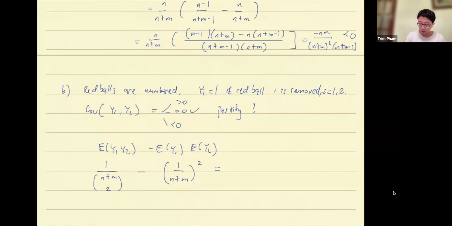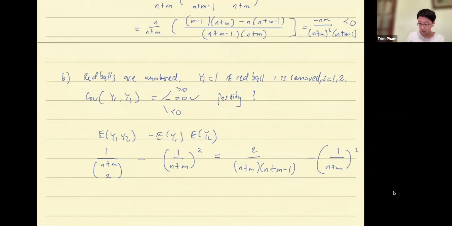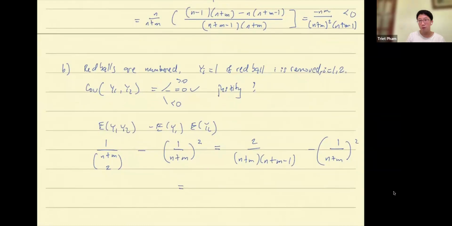So which is what here? This is going to be 2 over n plus m times n plus m minus 1, minus 1 over n plus m squared. Which will be 1 over n plus m times 2 over n plus m minus 1 minus 1 over n plus m.